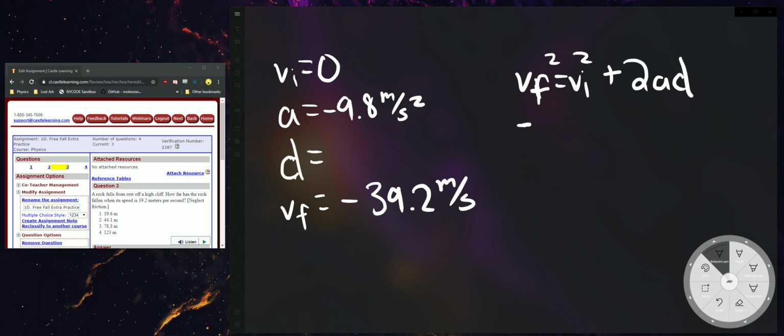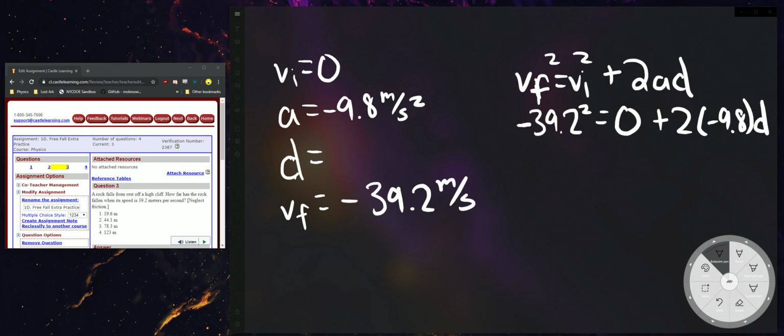So negative 39.2 squared is equal to 0 squared, which is just 0, plus 2 times negative 9.8 d. I'm just gonna round this to 40. So 40 squared, I'm assuming that's how much 40 squared is. It should be. Yeah, this is 40 squared, around there.